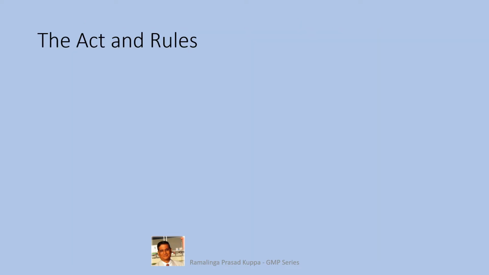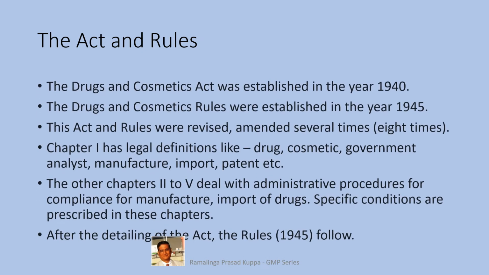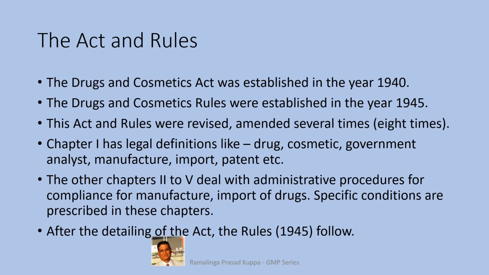The Act and Rules. The Drugs and Cosmetics Act was established in the year 1940. The Drugs and Cosmetics Rules were established in the year 1945. This Act and rules were revised, amended several times. It is revised 8 times.